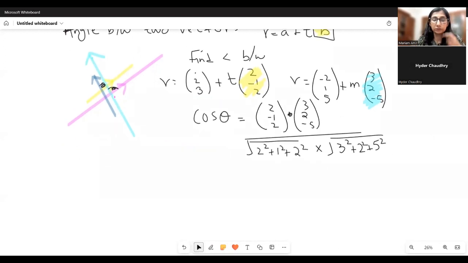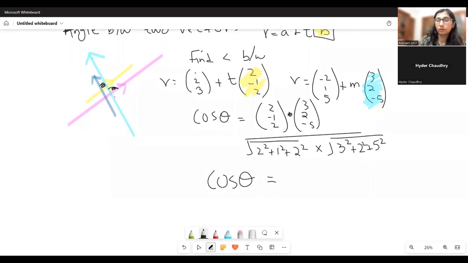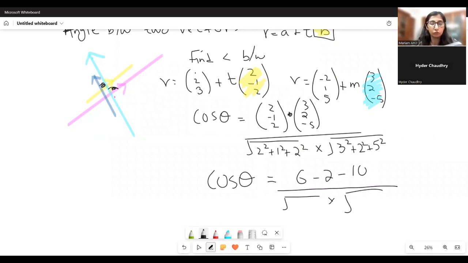Cos theta equals 6 minus 2 minus 10 upon square root of 2 square plus 1 square plus 2 square, which is 9, which becomes 3. So we have a 3 here. And 3 square plus 2 square plus 5 square, which is under root 38.